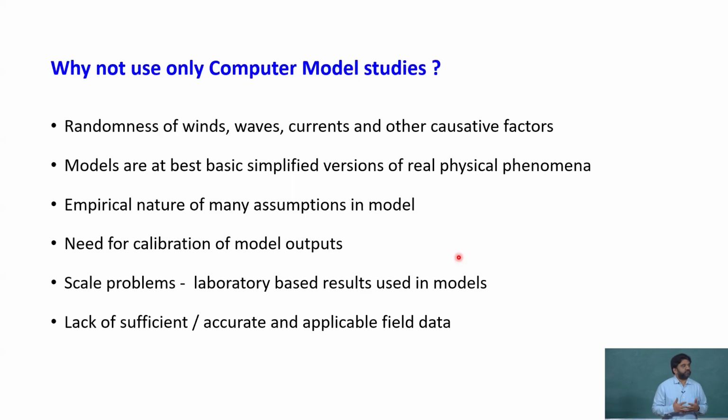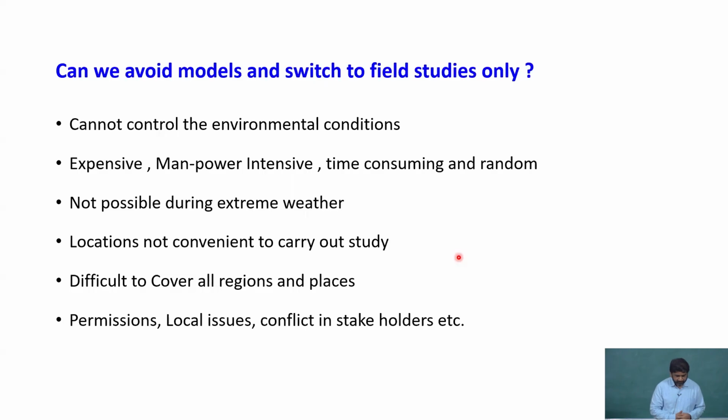And then at times, if you are a model developer yourself, you might have to keep benchmarking your model results with what is happening in the field to get the confidence. Similarly, sometimes we don't have sufficient accurate field data, so that is why we have to go back and check whether what our model does is right.